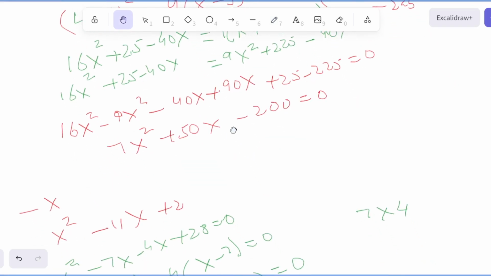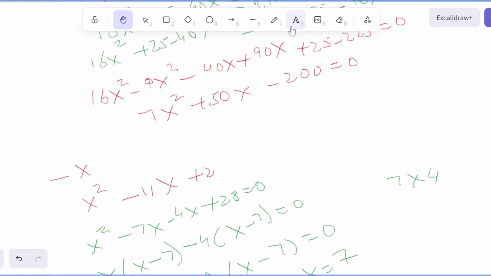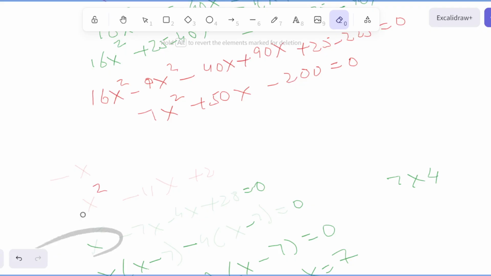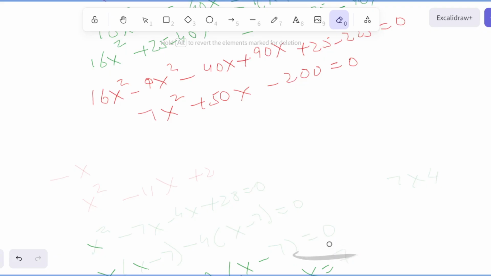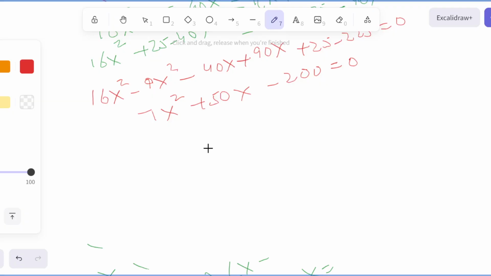I don't think splitting the middle term will be a good approach here, because your answers may come different. It may be a little difficult to catch. I think you can use the quadratic formula.